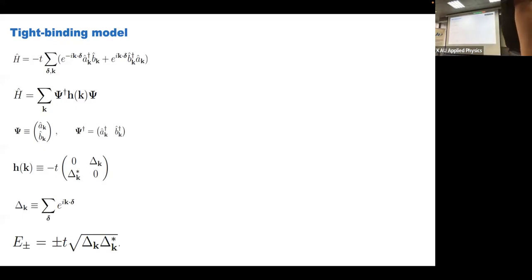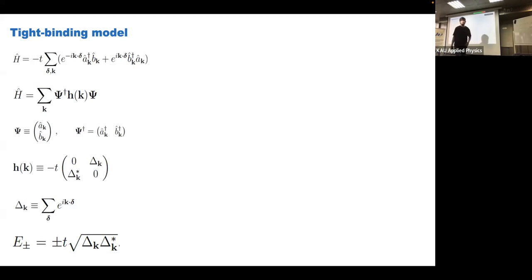If I place this delta k, which is just the name of this exponent, here, then I make the whole matrix. I multiply this by this by this, and I get something like this.